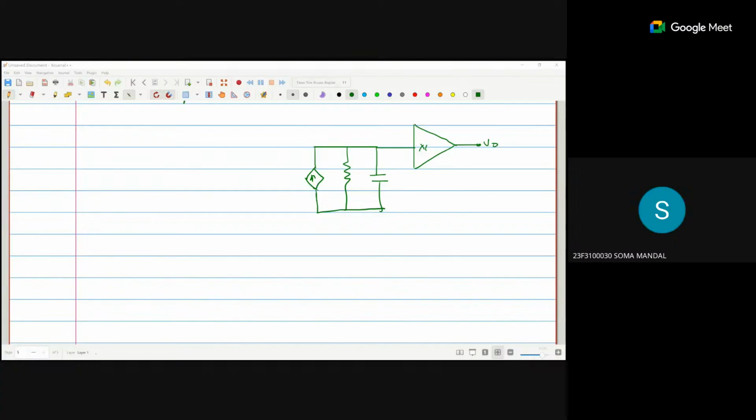Okay, second order low pass filter, part 1. That is lecture 5.